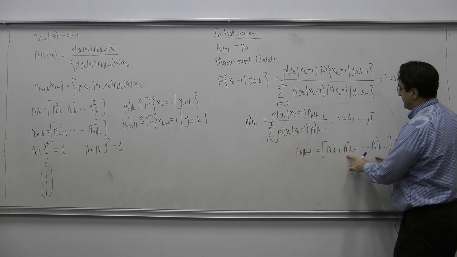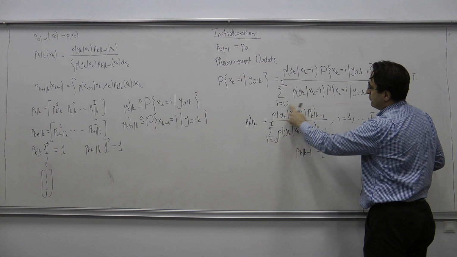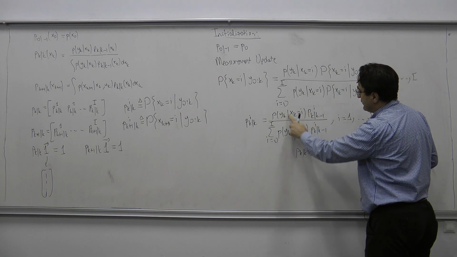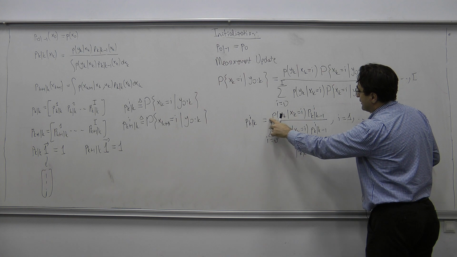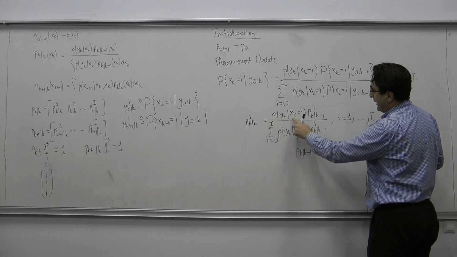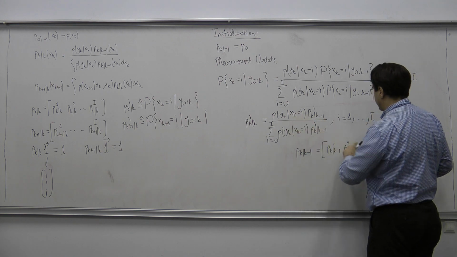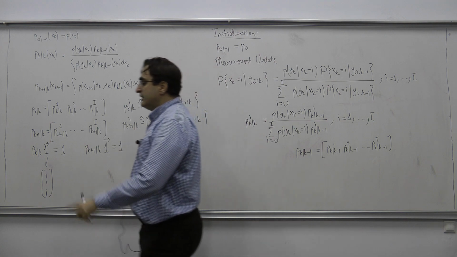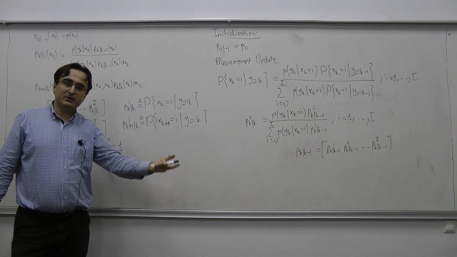I need to multiply each element of this vector with the corresponding likelihood. y_k is fixed, and I need to multiply the first element with the likelihood of the first state, x_k equals 1, the second element with the likelihood of the second state, etc. Okay? How can I multiply each element of a vector with a different number?